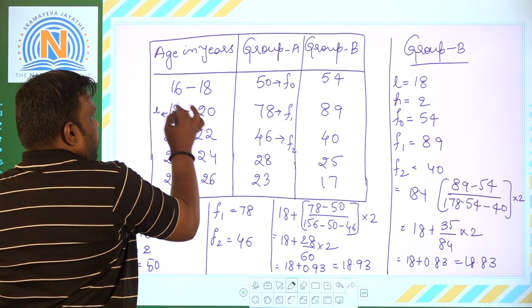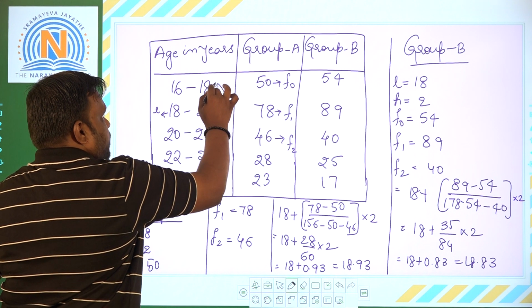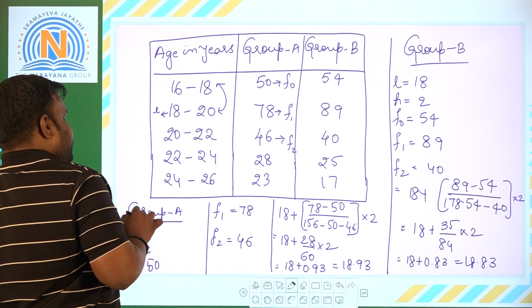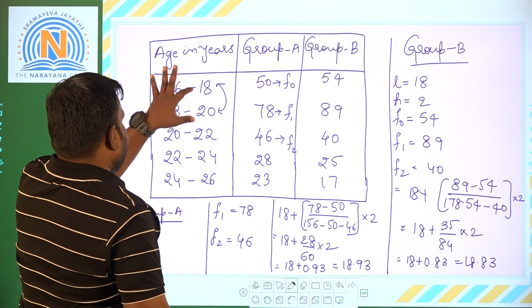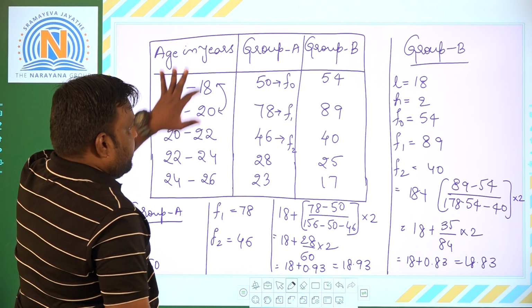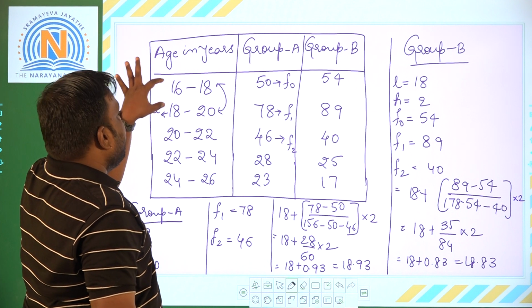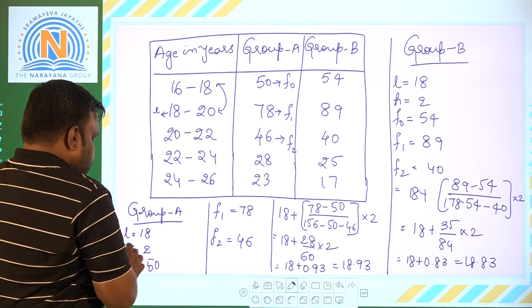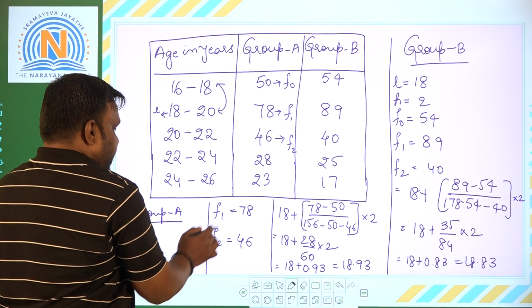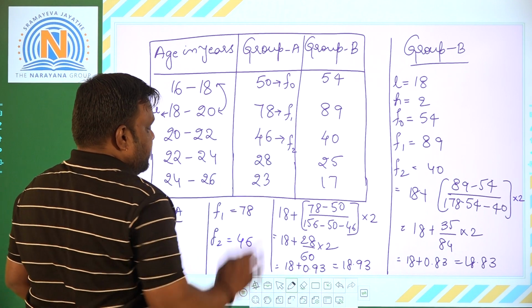For H, take the difference of successive upper boundaries or upper limits, or the difference of successive lower limits or lower boundaries. Here it will be 2, so H is equal to 2, F0 is 50, F1 is 78, F2 is 46.